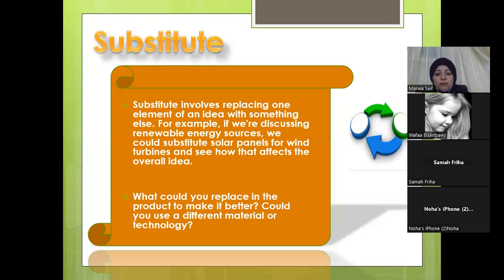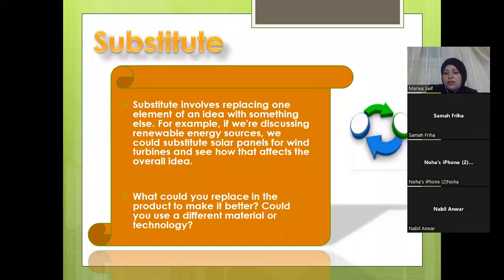Could you use a different material or technology to make the product better, or to solve the problem? Okay, so the substitute part means that you replace one element of an idea or a product or a process with something else. For example, if we are discussing renewable energy sources, in a social studies lesson, we could substitute solar panels for wind turbines and see how that affects the overall idea. This is for the substitute part.